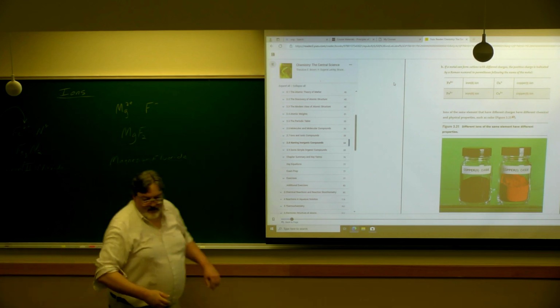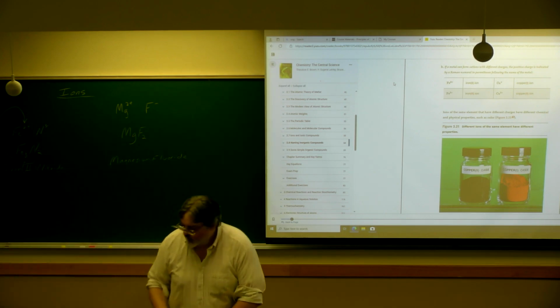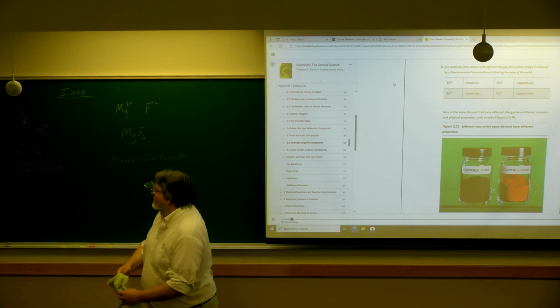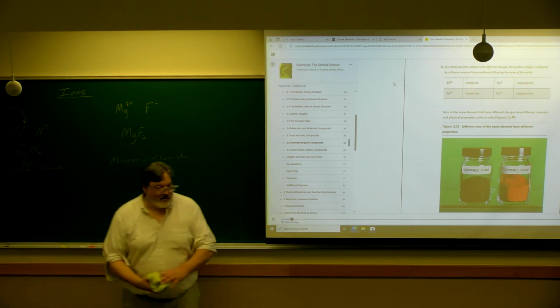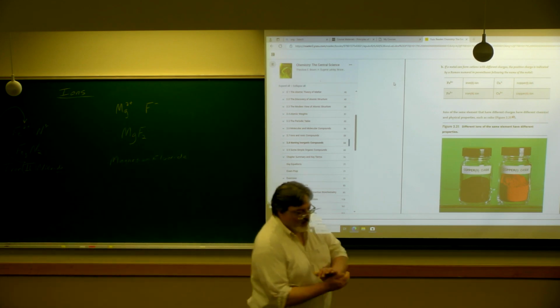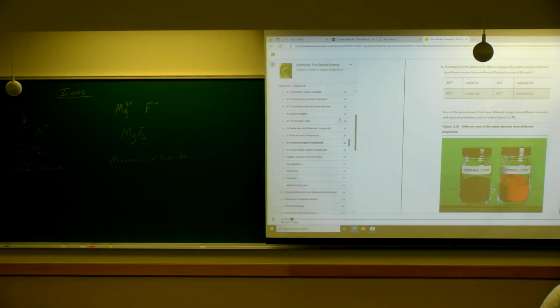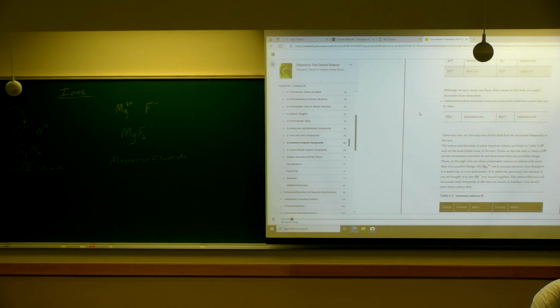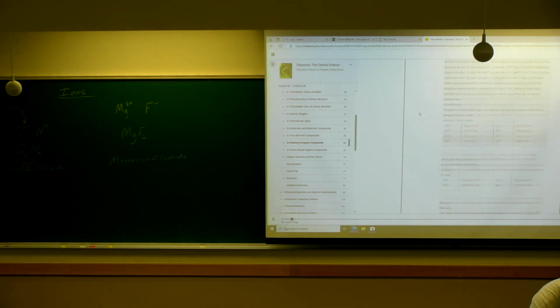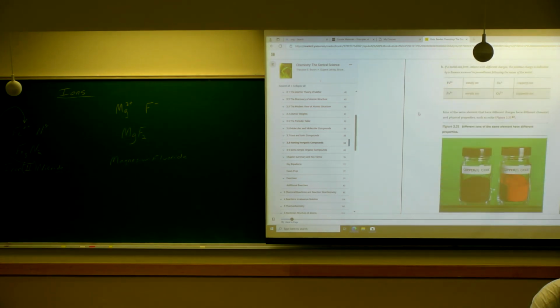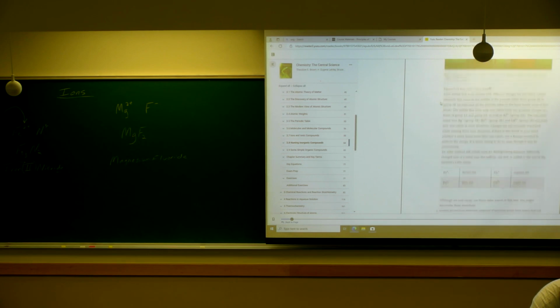So in my list, I gave you the ones that are predictable, and then there's the ones that are not predictable from the periodic table. That's like iron and copper here. And then the third type of ion you might have, there's more than one naming system. So you would call this iron 2, and you would call this iron 3, copper 2 and copper 1.